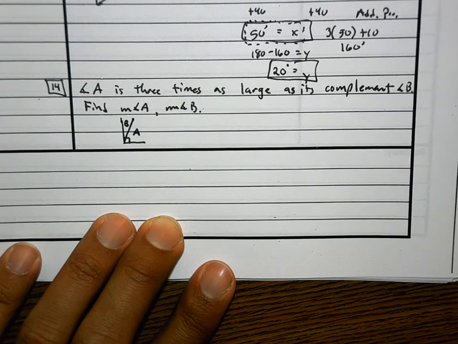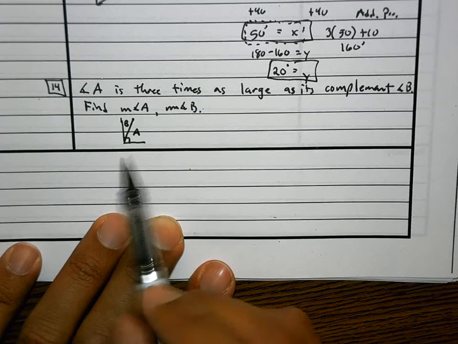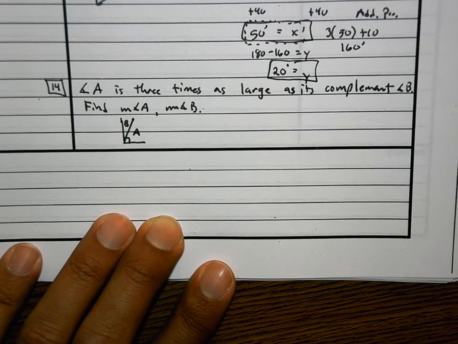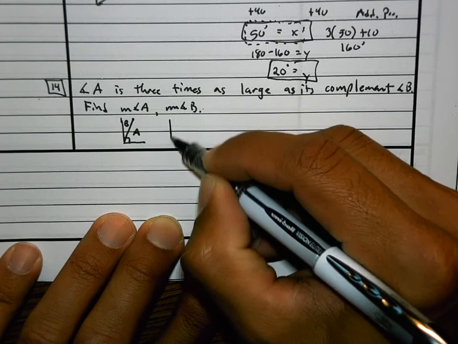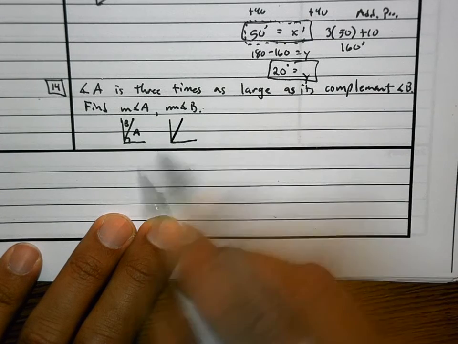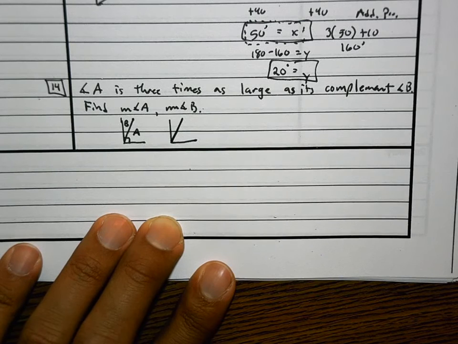You all right with that? Angle A, angle B. Angle A is a lot bigger than angle B, yes? Okay. So that's angle A, that's angle B. I'm going to do something right next to it, just so you can see. If this bigger angle is angle A and it's 3 times bigger than angle B, do you know what angle B is?